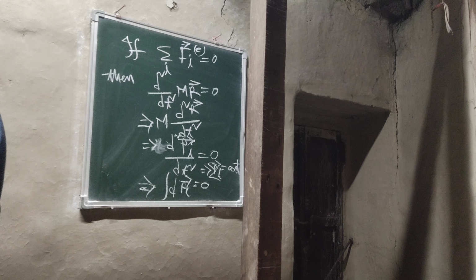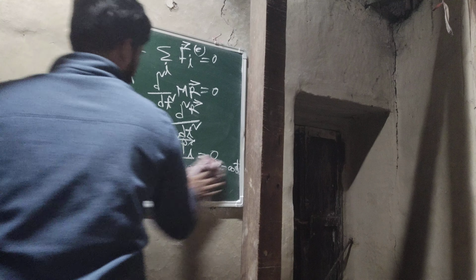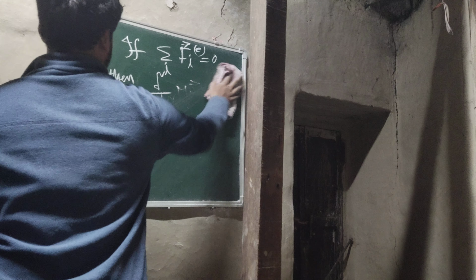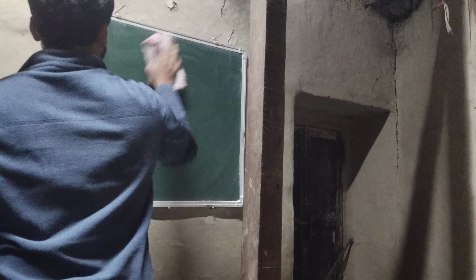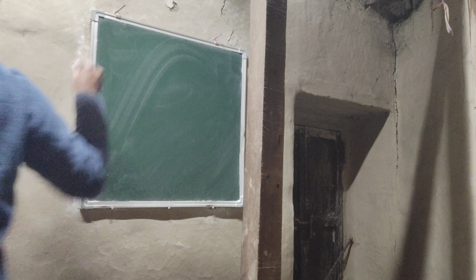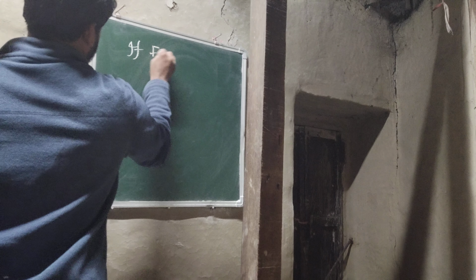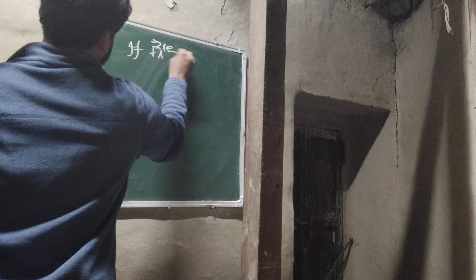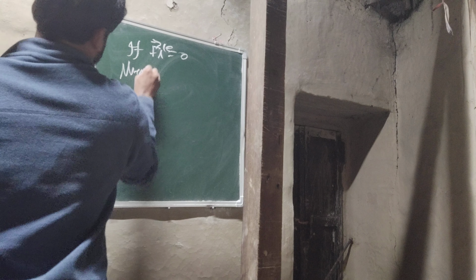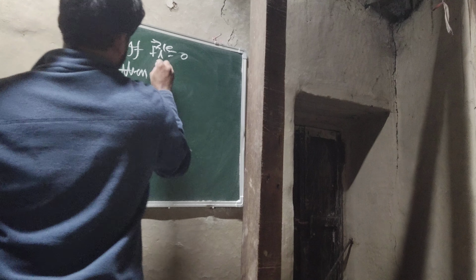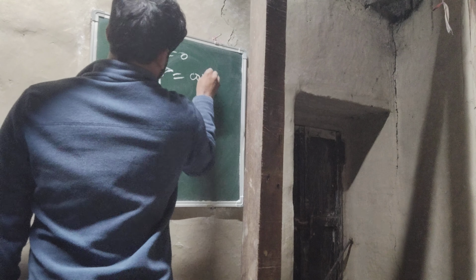This is the conservation law of linear momentum for a system of particles. We say that if external force F_i vector equal 0, then P vector dot equal constant.